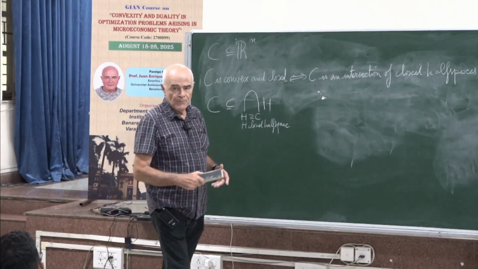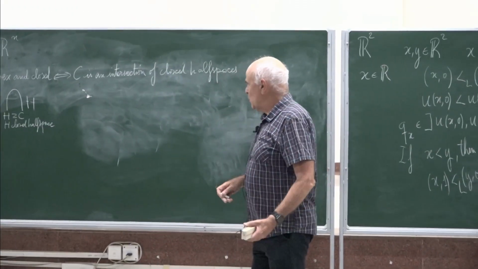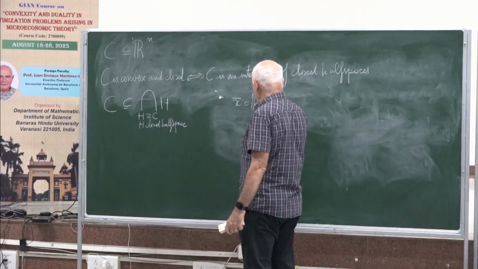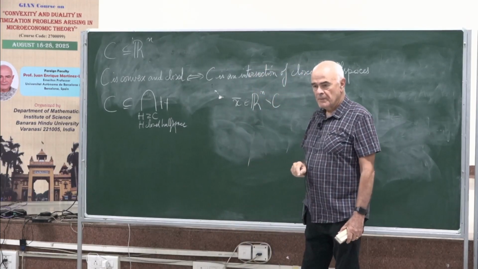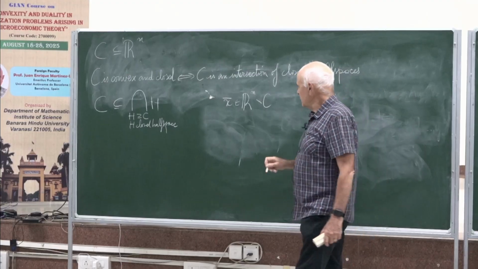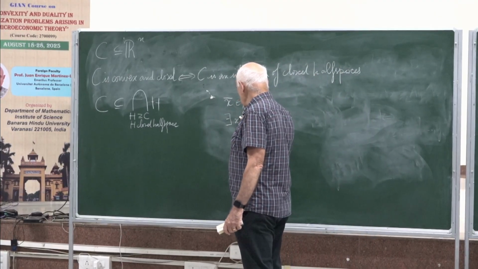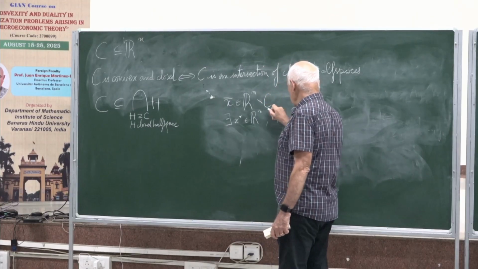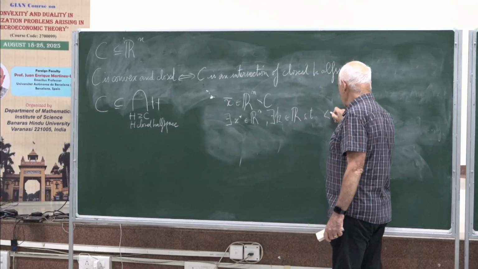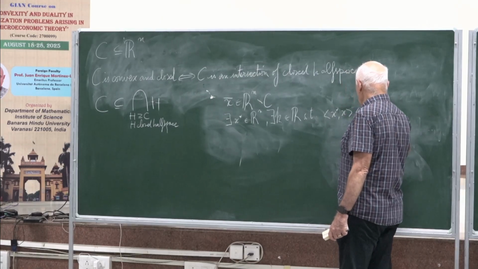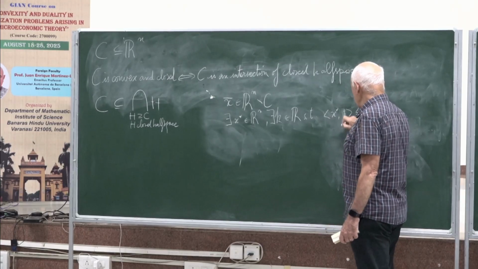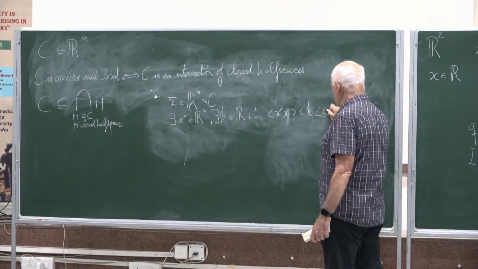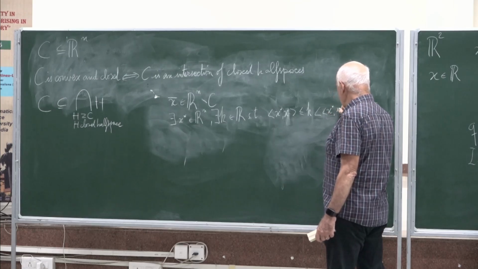But we have equality, because suppose we have one point x bar in the space which is not in C. Then we can separate it from C. This means there exists x star in Rn and K in R such that x star x is less than or equal to K for every x in the set, but K is strictly less than x star x bar.